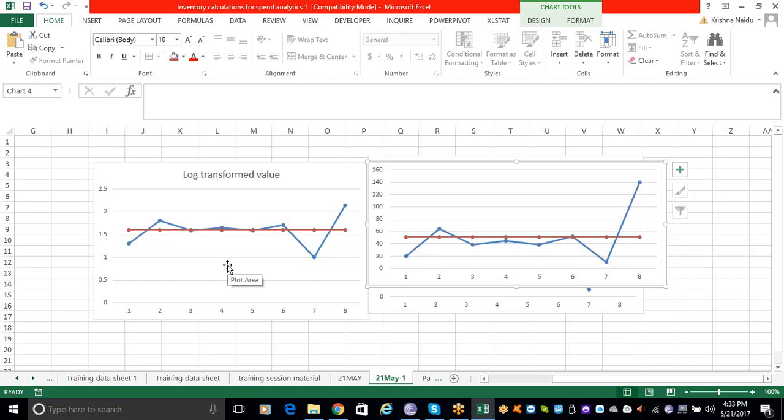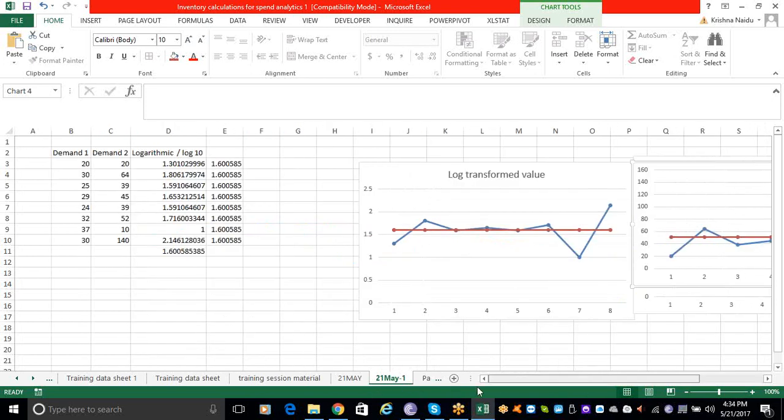Overall, if you see, the distance has minimized, the error has reduced. Okay, so let's go to the data point now. Do you agree with this point that the distance has reduced, the error has reduced?